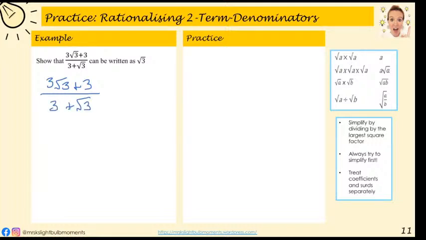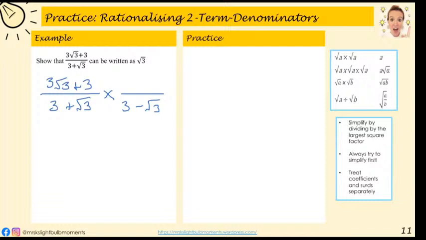Now here, in order for this to cancel out, do you remember our first example in the starter where the answer was just 1? That was where the surds cancelled out, and we want that to happen. So here we multiply by something I call its evil twin. I heard another maths teacher calling it this and it stuck with me. So the evil twin of 3 plus root 3 is 3 minus root 3.